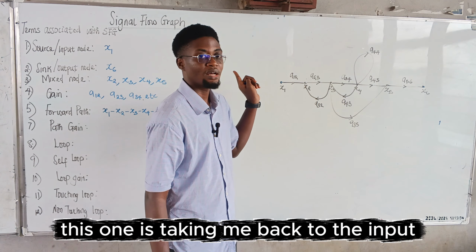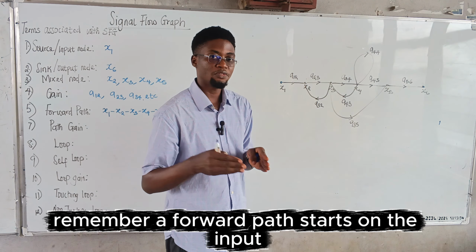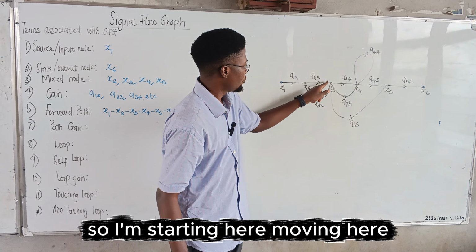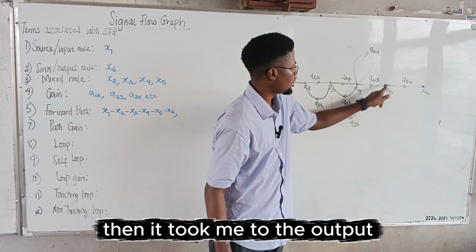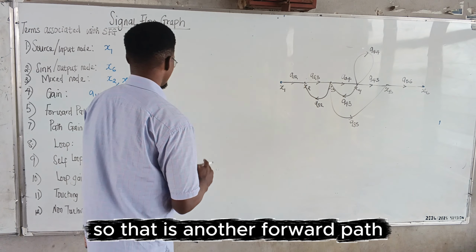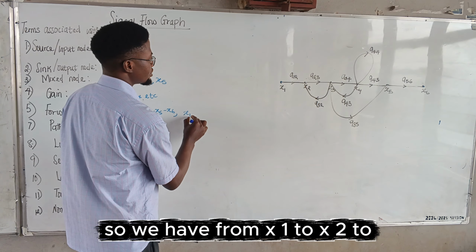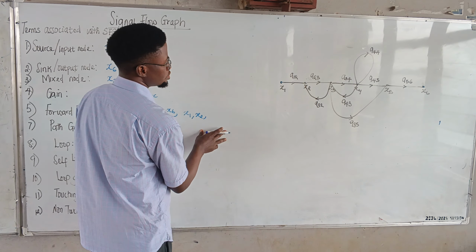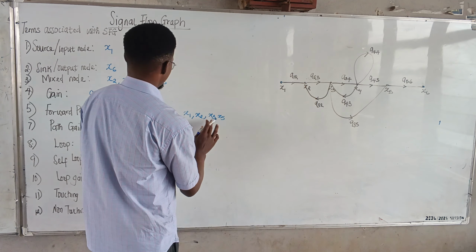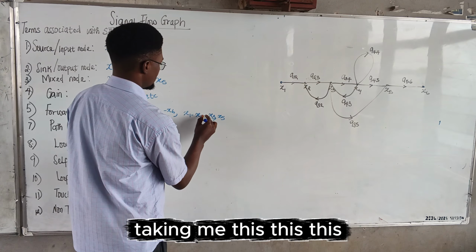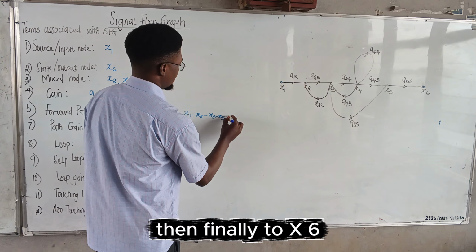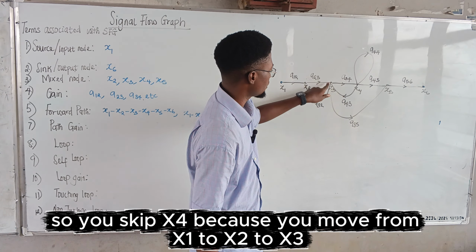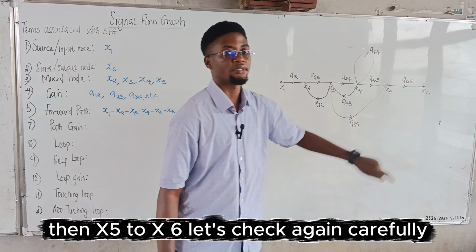This one is taking me back to the input. Remember, a forward path starts from the input and takes me to the output. So I'm starting here, moving here, then it took me to the output. So that is another forward path. So we have from x1 to x2 to x3, then x5, then finally to x6. So you skip x4 because it moves from x1 to x2 to x3, then x5 to x6.